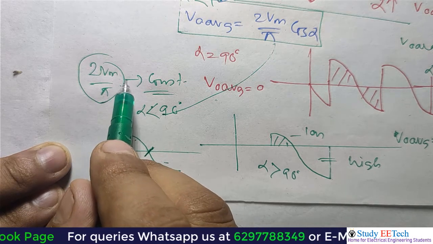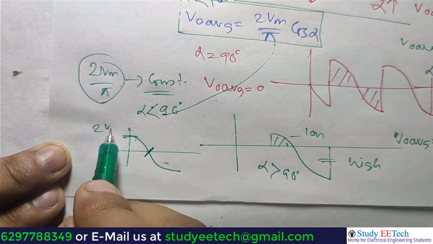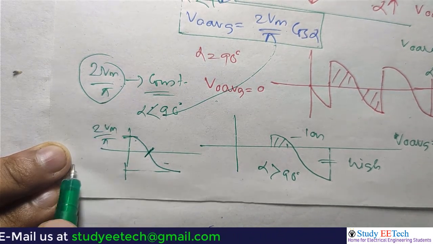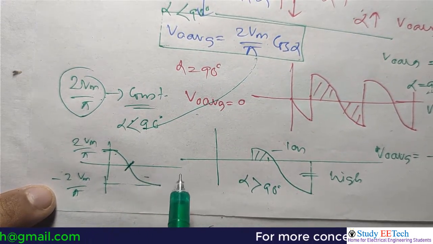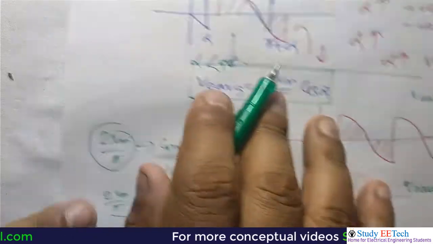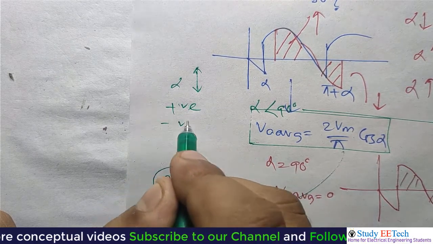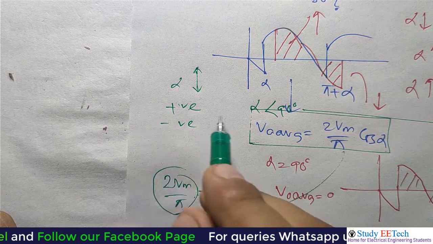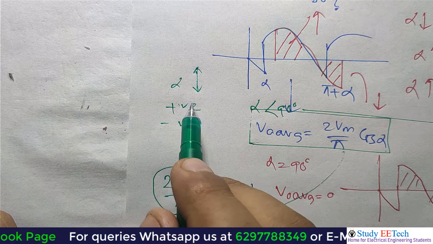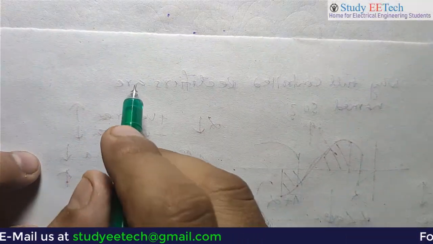Now 2 Vm by pi into cos alpha will also be a function something like that, where this voltage will be 2 Vm by pi and this will be minus 2 Vm by pi. Okay, so now what we see is that by varying alpha, increasing or decreasing, either we can get positive voltage or we can get negative voltage. That means we have the control which is full, in the sense we can get either positive voltage or negative voltage.